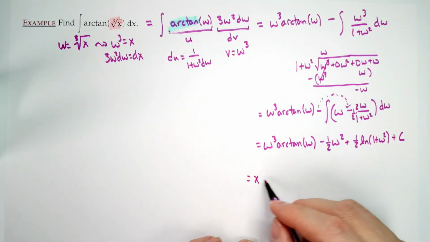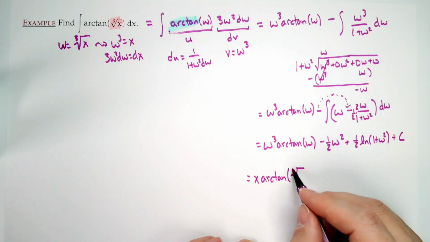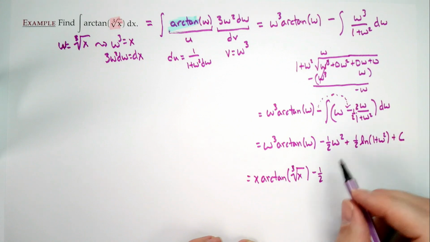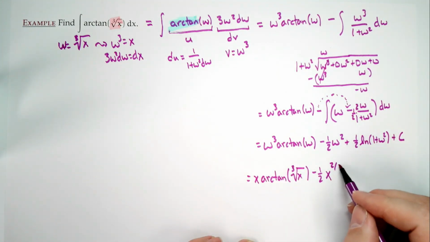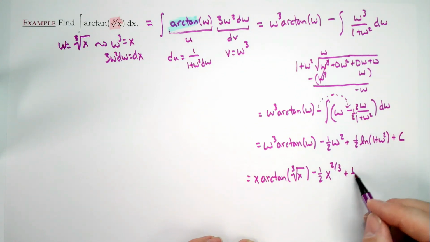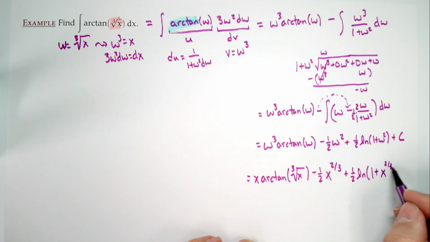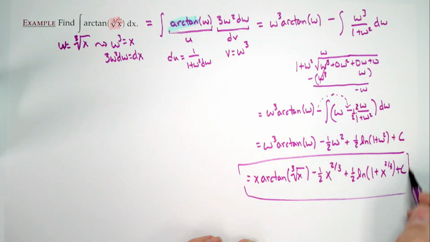So we get x times the arctangent of the cube root of x minus 1/2 times the cube root of x squared, which we could just write as x to the power 2/3, plus 1/2 natural log of 1 plus x to the 2/3, plus c. And that's it. That's our answer.